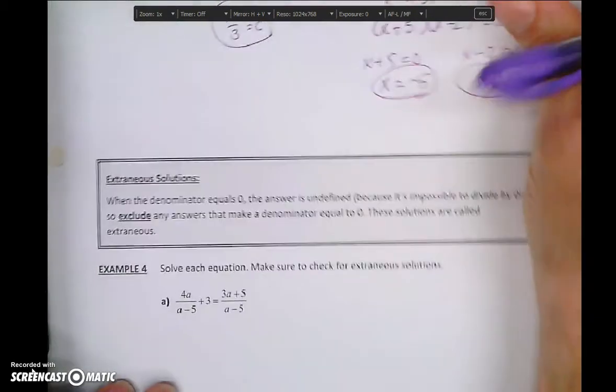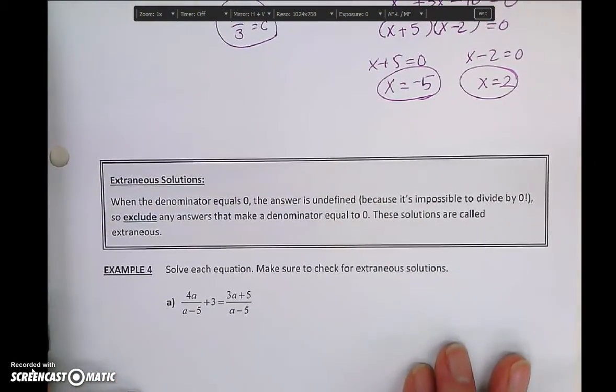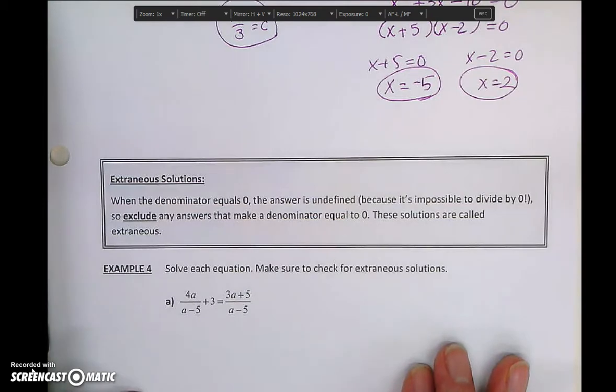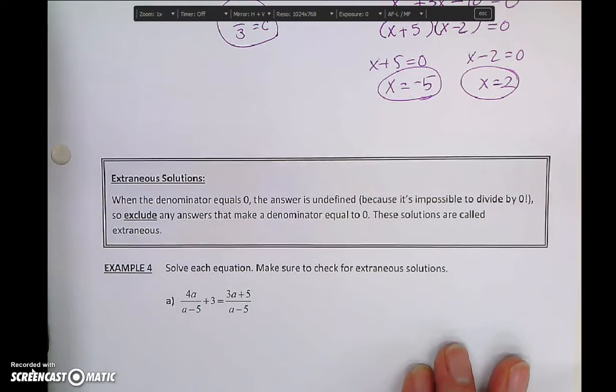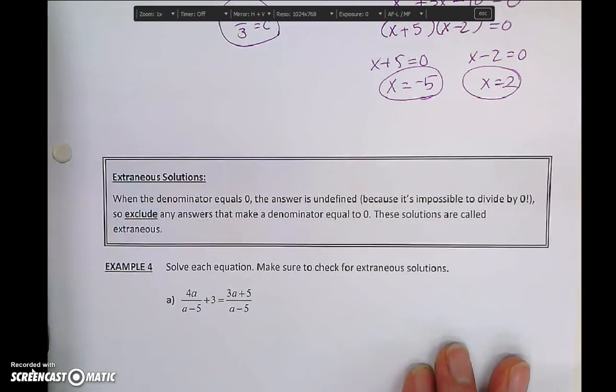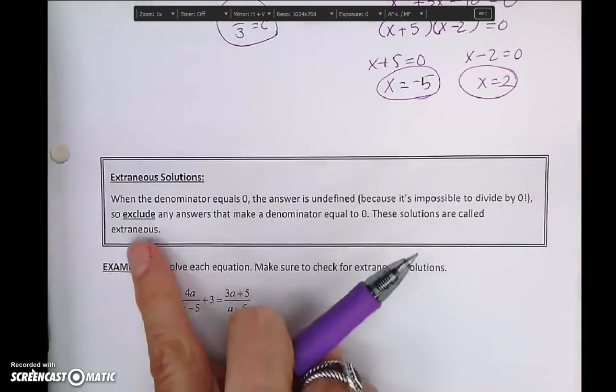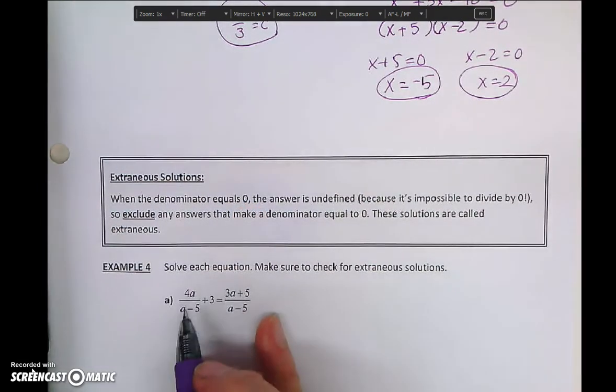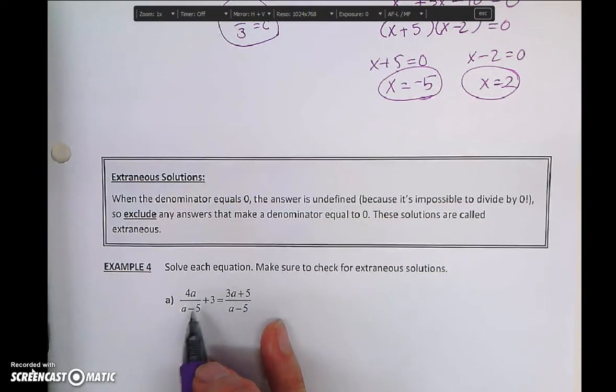All right, so we're going to start thinking about extraneous solutions. So remember, we've had those before. They are solutions that when we arrive at them, we're doing all the correct steps, we get an answer, but when we actually try the answer out, it doesn't work. We got it when we were doing radical equations. All right, so when a denominator equals 0, so say I plugged a 5 in right here, down here to this a, if 5 was my solution, I'd have 5 minus 5 is 0, and 20.